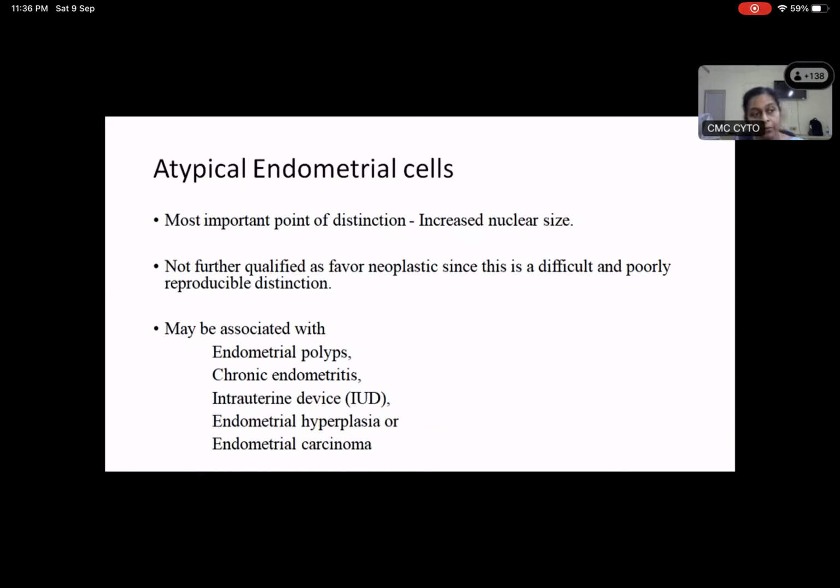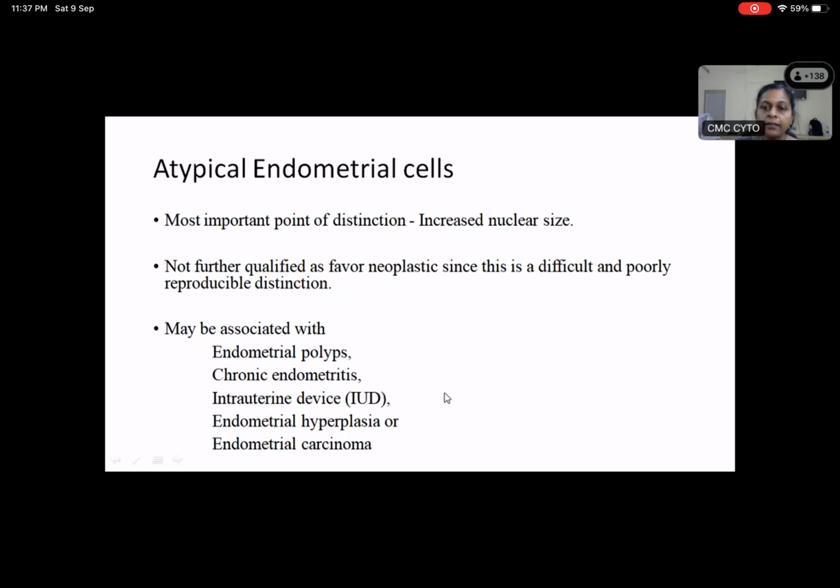But like I said before, we do not qualify as neoplastic or as NOS because this is very difficult to differentiate and it's poorly reproducible. When we say atypical endometrial cells, it could be endometrial polyp, it could be endometritis, it could be presence of intrauterine device, it could be endometrial hyperplasia, or endometrial carcinoma.